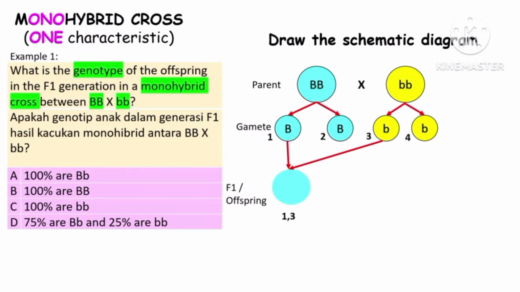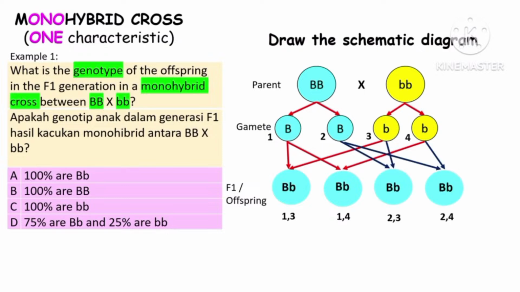The first circle, you combine circle number 1 with circle number 3, combine the gametes, and you will get the genotype for the offspring in the F1 generation. Just follow this, and lastly you will get the answer. All the F1 generation or offspring will carry the same genotype, which is heterozygous. The answer is A, 100% are heterozygous. Do you understand? Good.